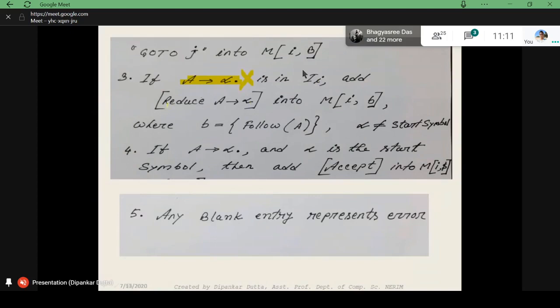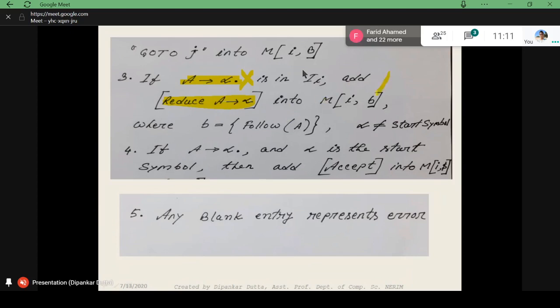Add reduce A implies alpha. We have to add this complete production, A implies alpha, and in front of that you have to write reduce.